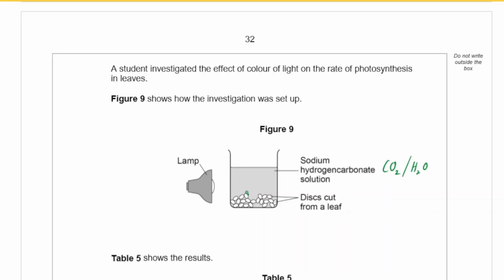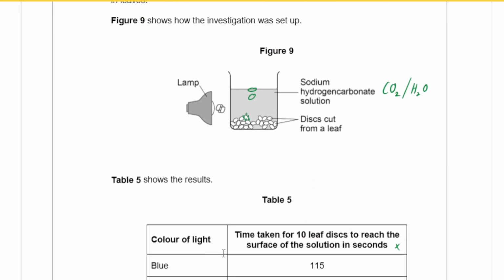They might simply stick to the surface of the leaf. When it sticks to the surface of the leaf, then the leaf would become buoyant and it would float to the top, right? And then once the oxygen bubbles burst, it might sink down. So the student is waiting for 10 of these discs to float to the surface and timing how long it takes.